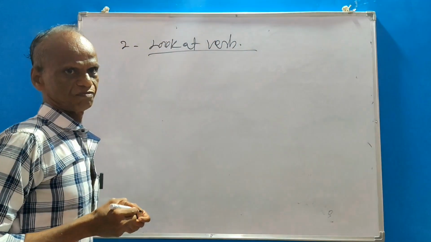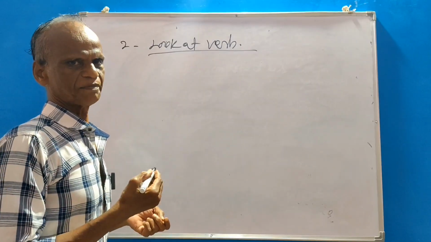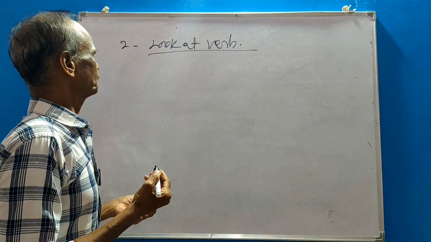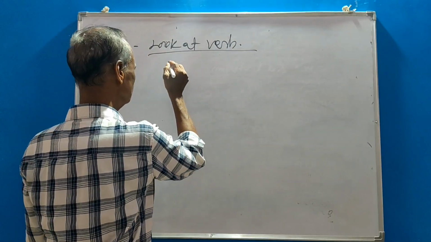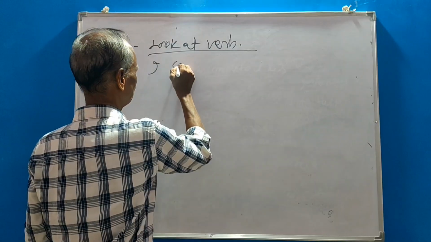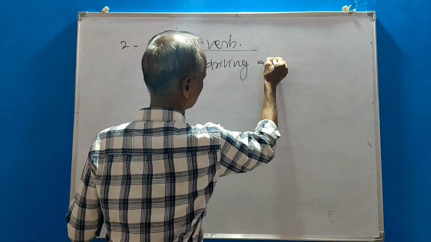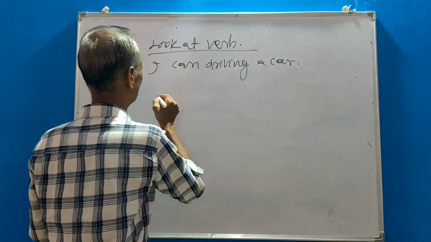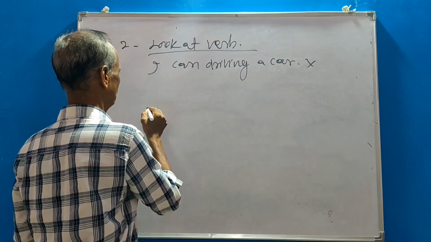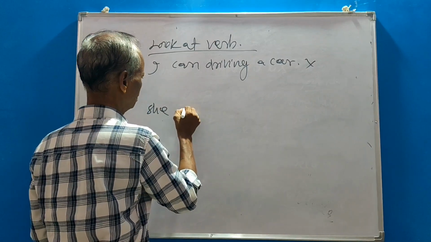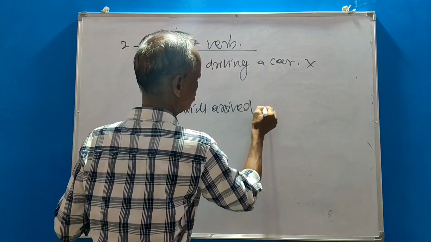Look at the verb. Verb is the heart of English grammar. Okay. So, suppose: I can driving a car. It is wrong. She will arrive soon.